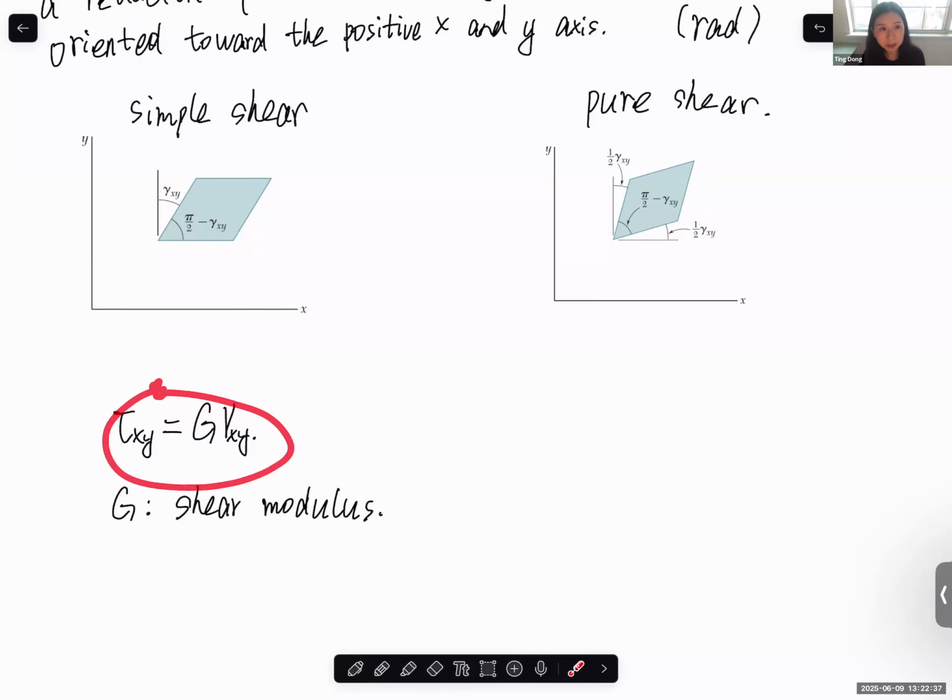Everything in our mechanics of materials should be within the proportional limit, small deformation. We do not do anything when it gets into the plastic deformation range.